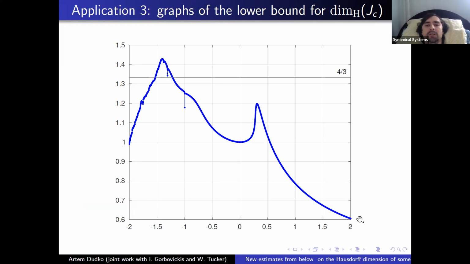So this is a plot of 21,000 rigorous calculations for various small segments, showing for each corresponding point a lower bound of the Hausdorff dimension of the Julia set.